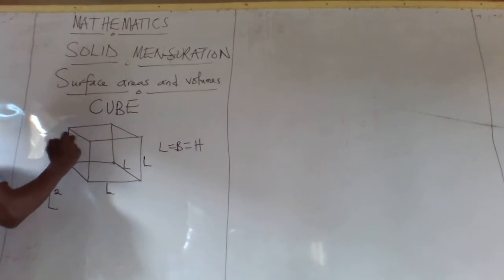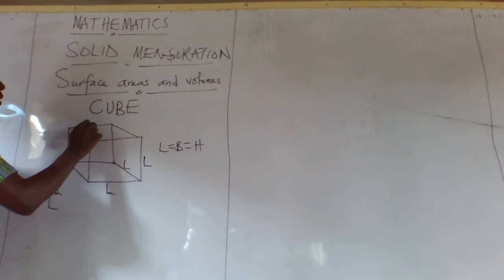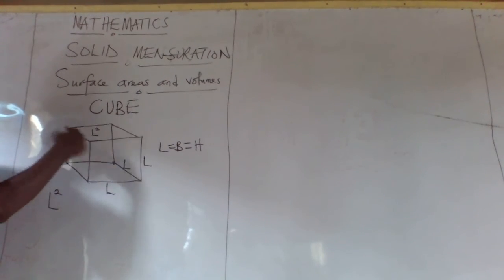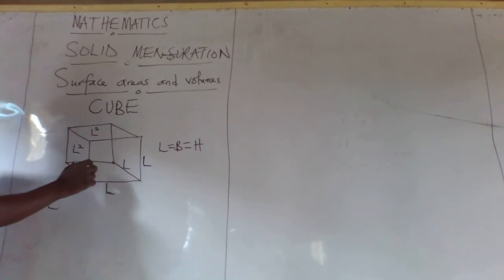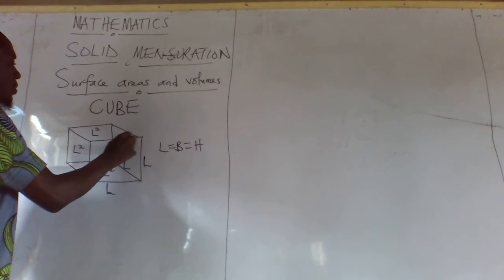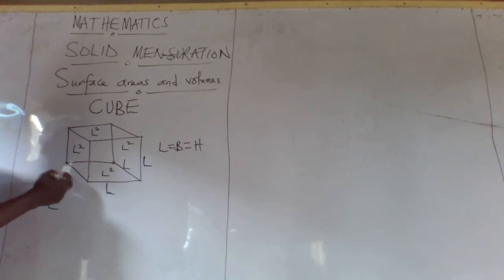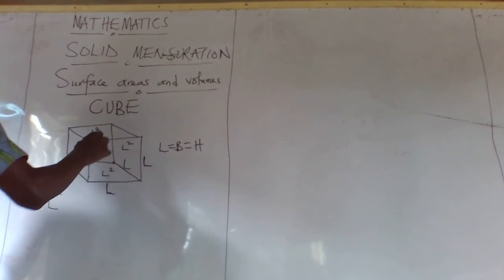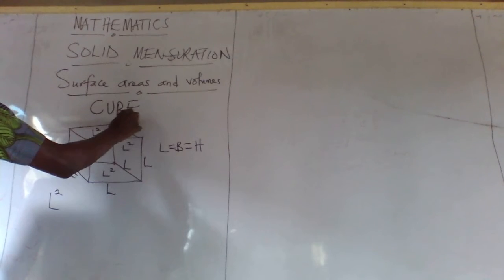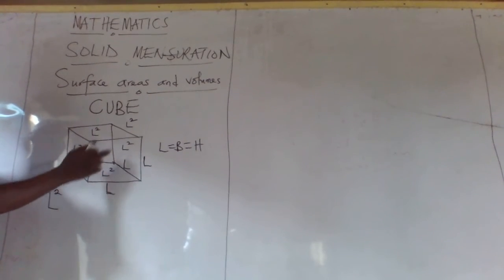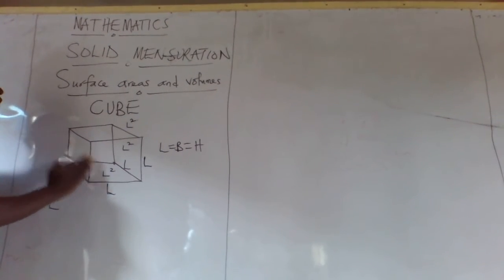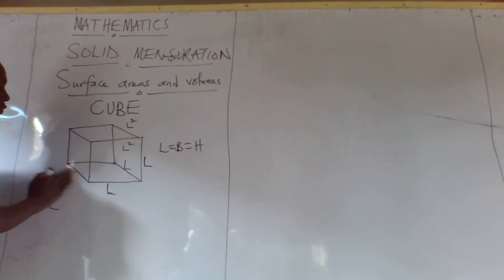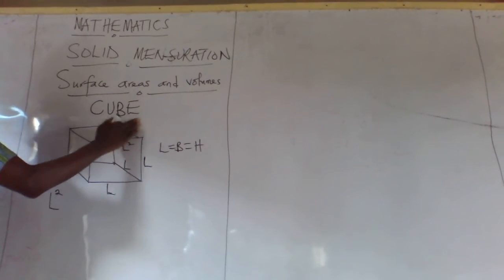The area of this is L squared, and the faces are the same, so the area of each is L squared. We have about 6 of them: 1, 2, 3, 4, 5, 6. So each of the faces of a cube has area L squared.